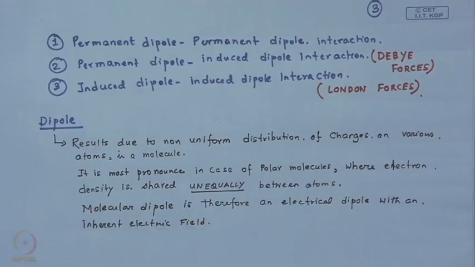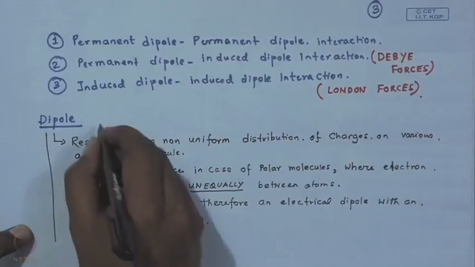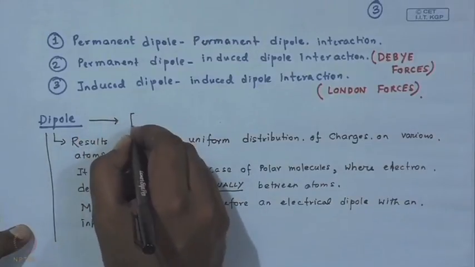The dipole is quantified, as you have probably learnt in your undergrad physics itself, or maybe in 12th standard physics. Dipole is quantified in terms of dipole moment.